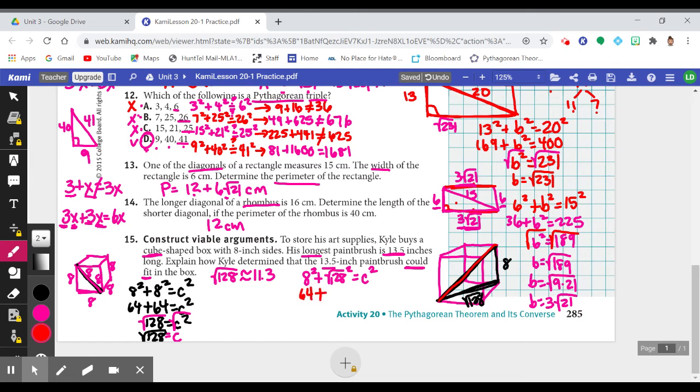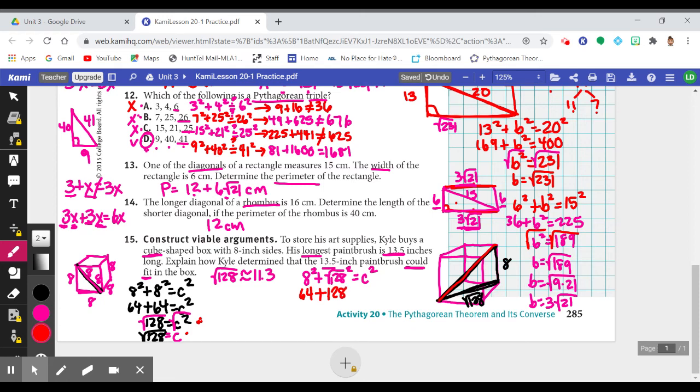So let's explain what math is happening here when we take the square root of 128 and square it. Let's go back to here. We said that c is equal to the square root of 128, and c squared is 128. So the square root of 128 squared is 128.